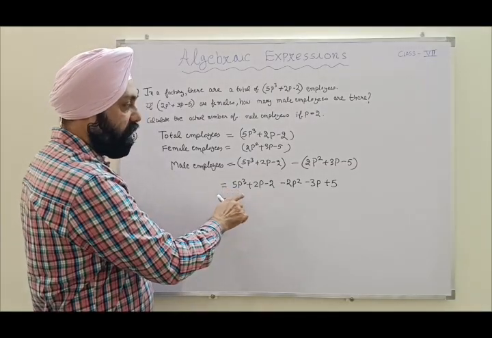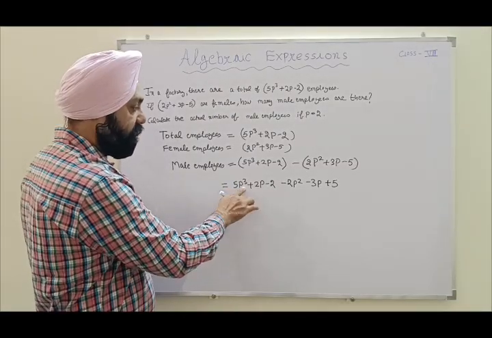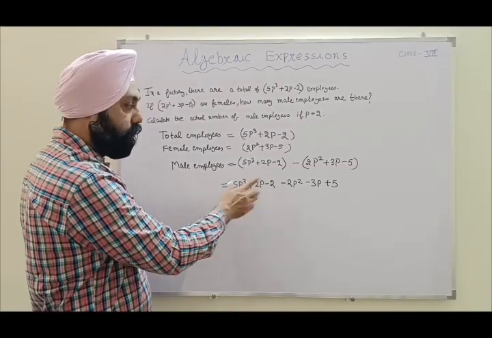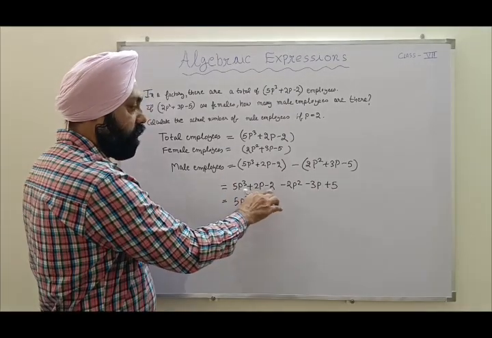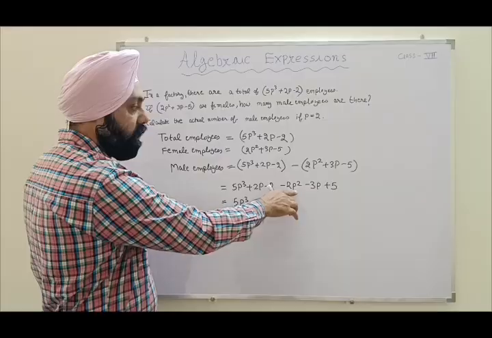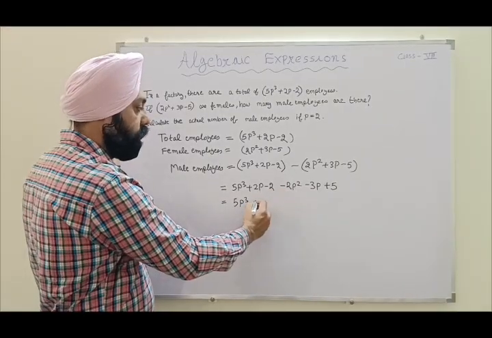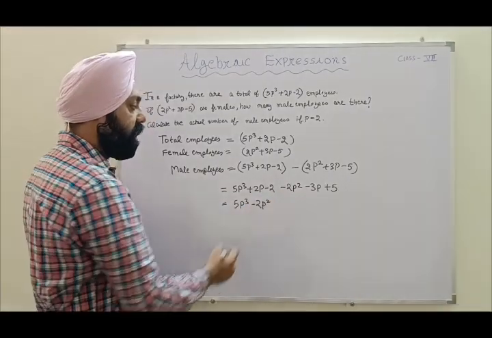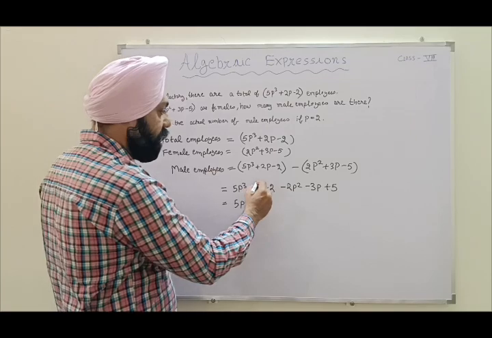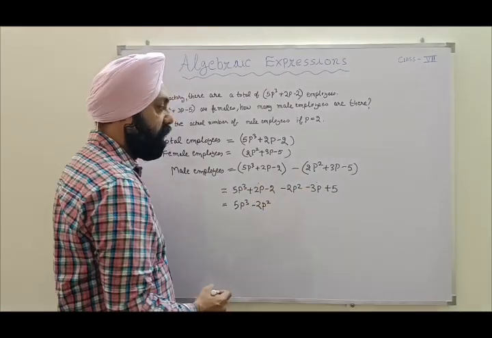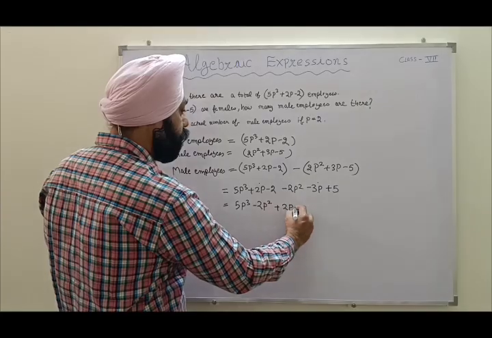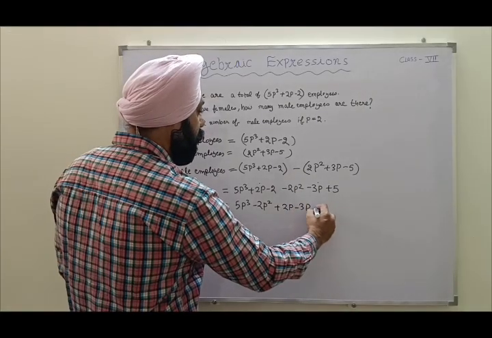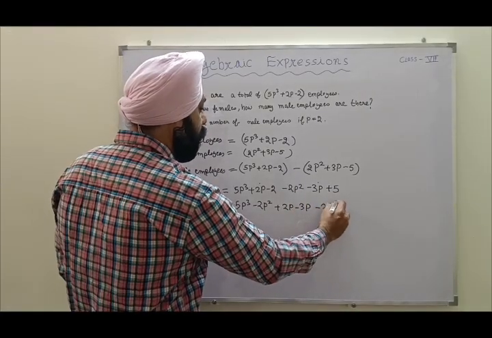Now again we will combine the like terms. There is one term which is having p cube. We don't have any other like term, so we will write it as it is. Now we have 2p square, no other term having 2p square, so we write it like this. Now we have 2p and minus 3p. These are like terms, so we can combine them. And the remaining are minus 2 and plus 5.